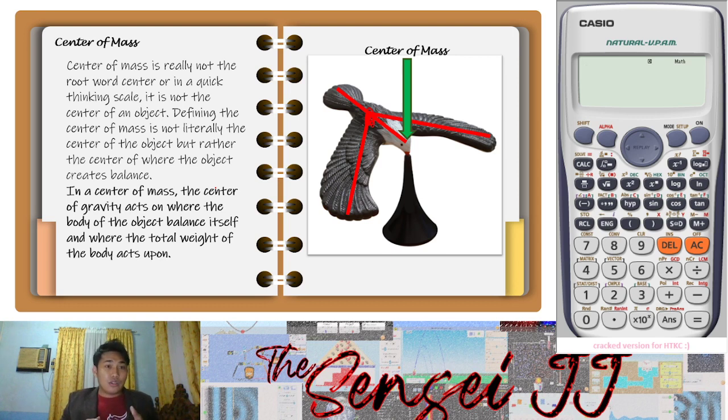But if you balance yourself with the center of mass at your chest, then it's a different outcome. So the rotation is also different. So that is what we call the center of mass, which acts on the object so that it balances itself.